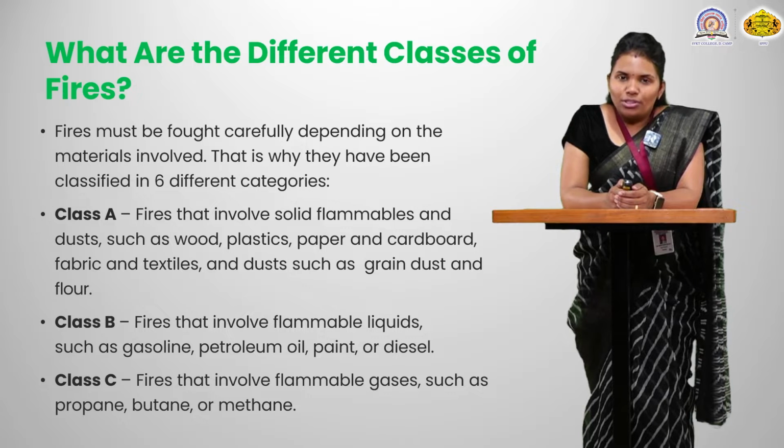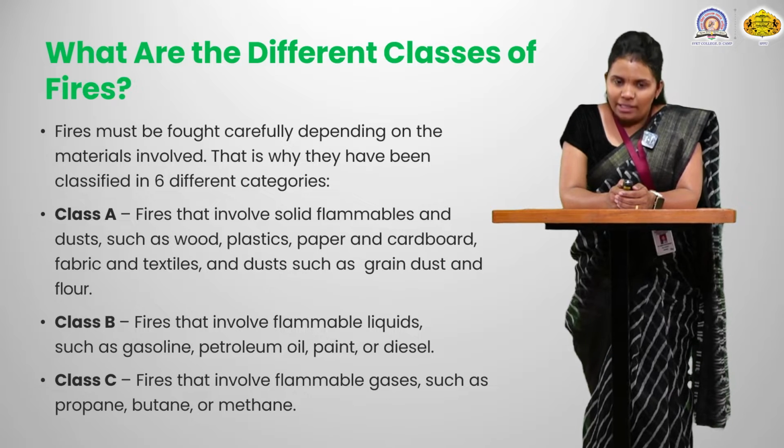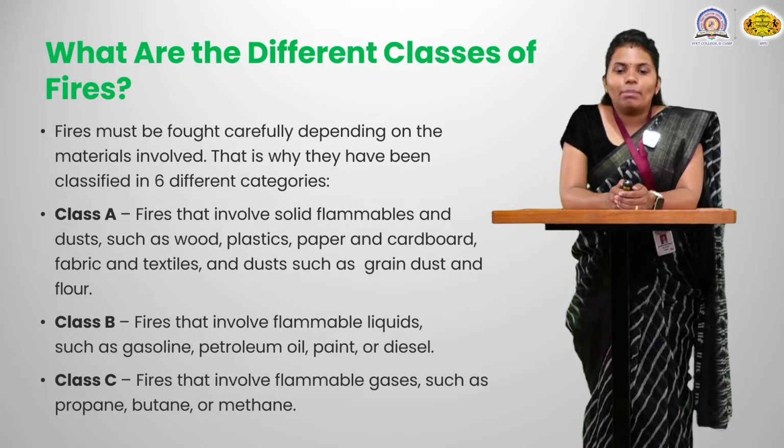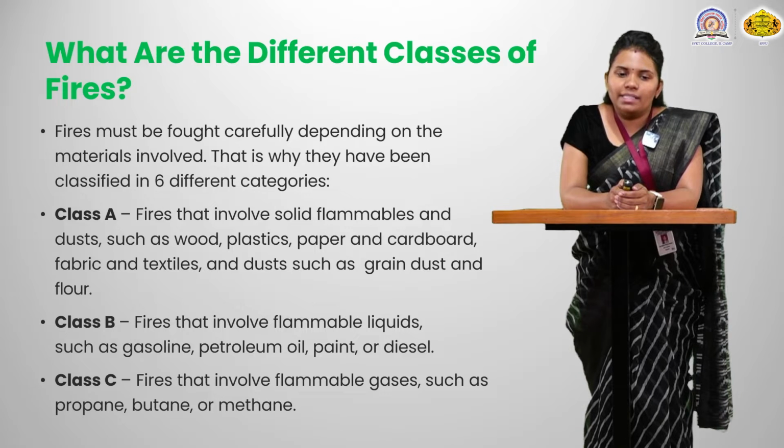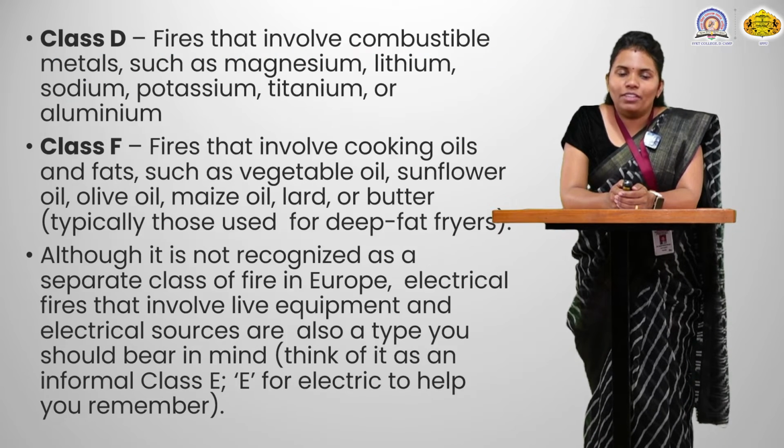Class B fires include flammable liquids: gasoline, petroleum oil, paint or diesel. Class C fires include flammable gases such as propane, butane and methane. So these are 3 classes of fires.